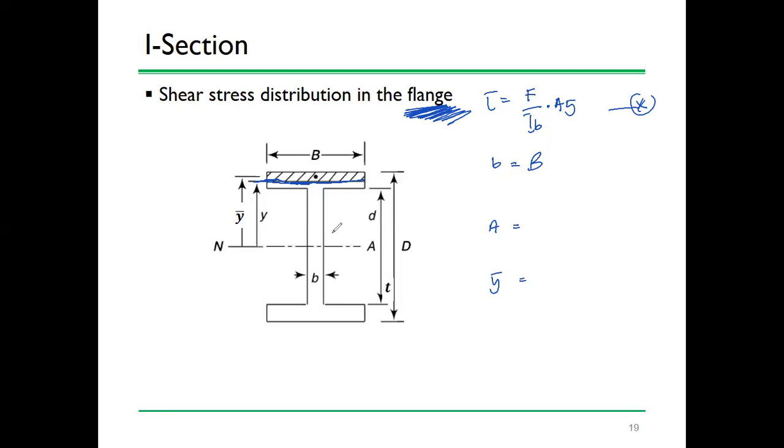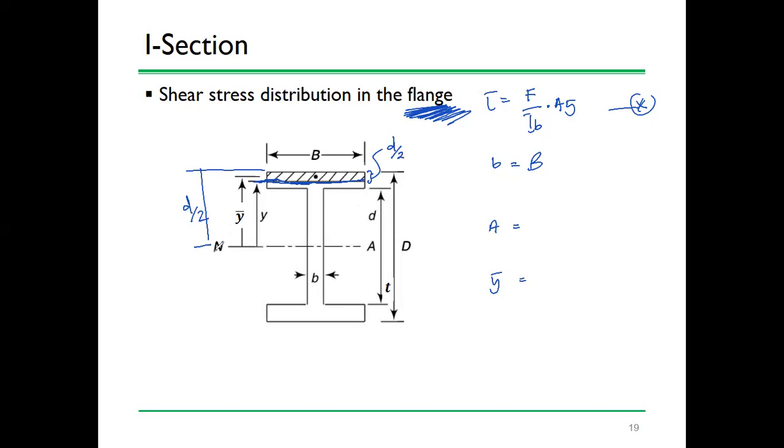Let's go to the area. If from the neutral axis to where we are looking for the stress is y, and we know that from the neutral axis all the way to the top is D over 2, then it's easy for us to find this small distance. What do you think? This small distance now is simply equal to d over 2.